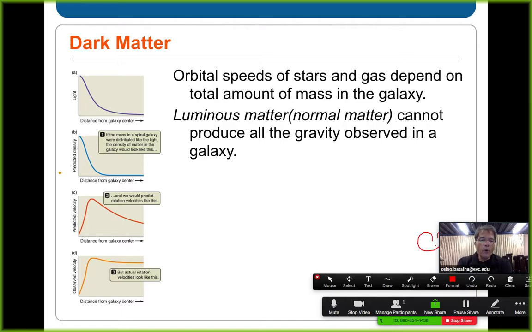Now, the last point I would like to highlight is dark matter. When dark matter was first proposed in the 30s by Zwicky, he noted that compact groups of galaxies, those that have a large number of galaxies but very close to one another, if you apply Newton's law and gravitational force to these galaxies, you wouldn't expect them to be bound.